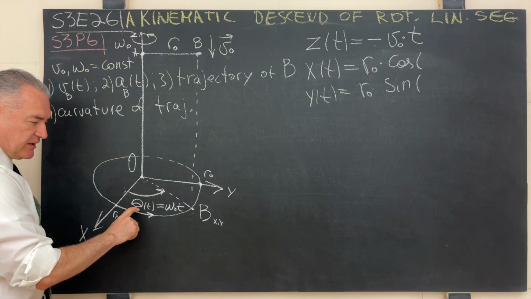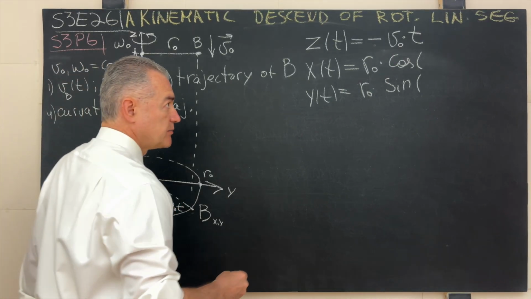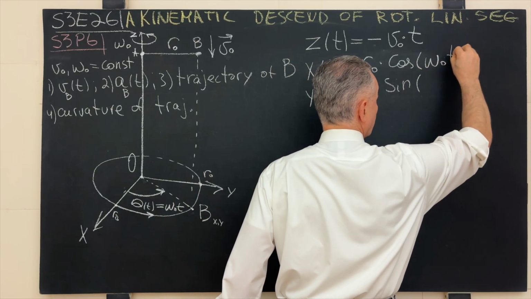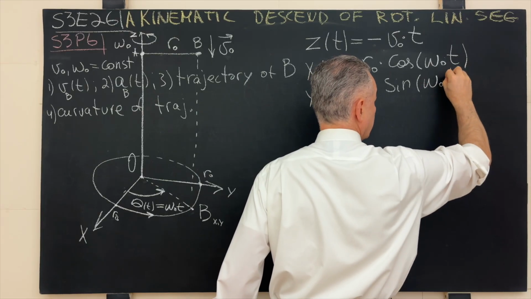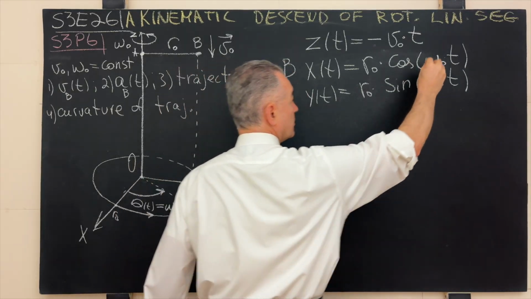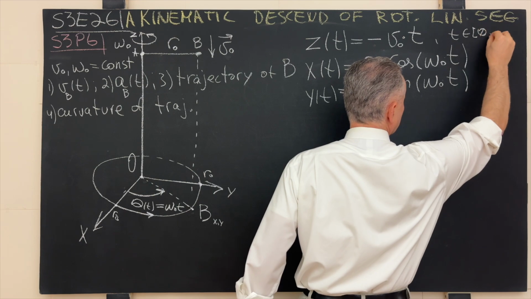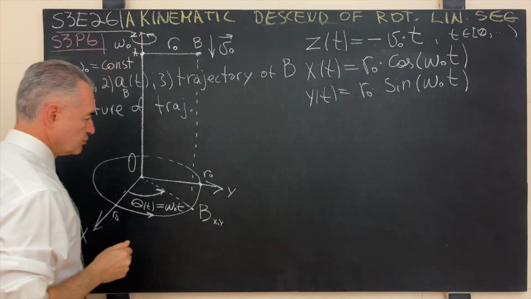In other words, the angle depends on time linearly. The time t is taken in the first degree. So omega 0 t, where t is the parameter, and t varies from 0 to some value.